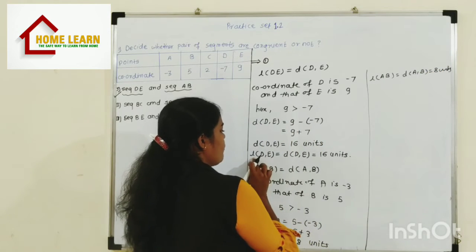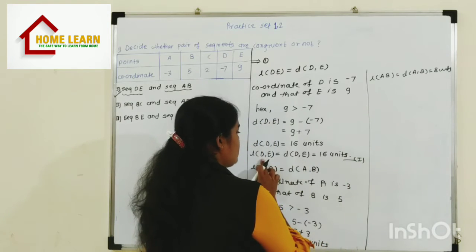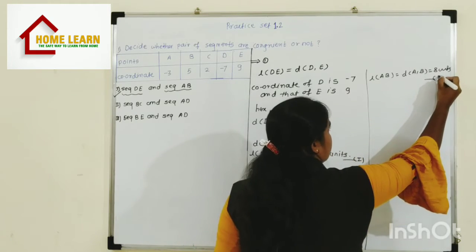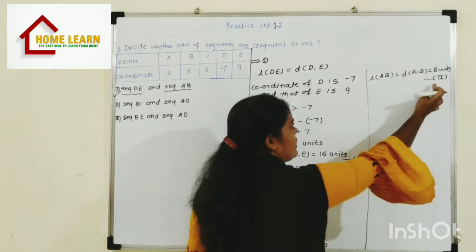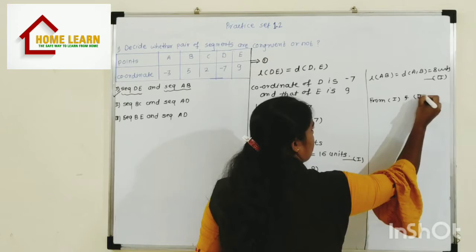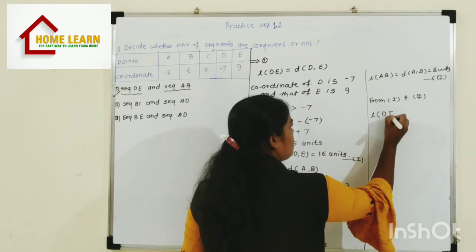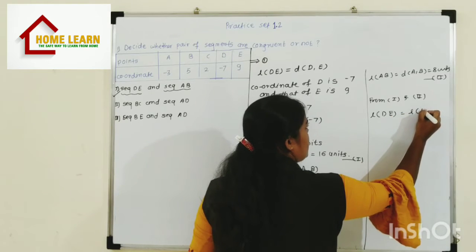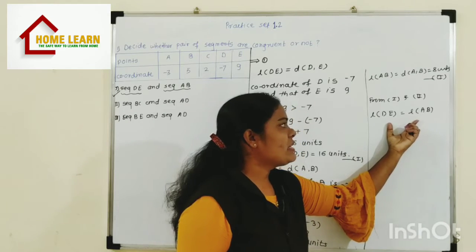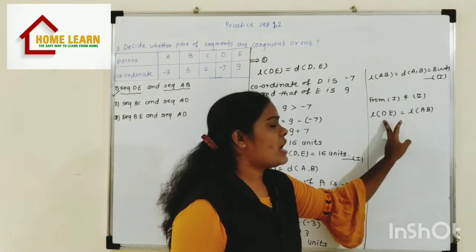Now here when we calculate, the length of segment DE is 16 units and the length of segment AB is 8 units. So write here number 1 and here number 2. Then from 1 and 2 we can say that the length of segment DE is equal to the length of segment AB, and when the measurements of two segments are the same, then we can say that both segments are congruent.